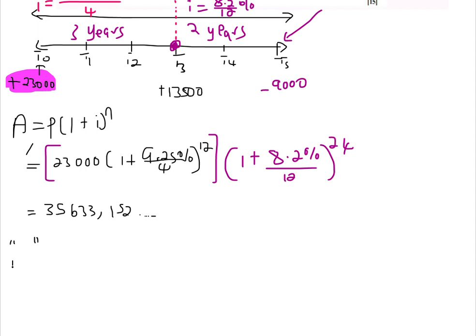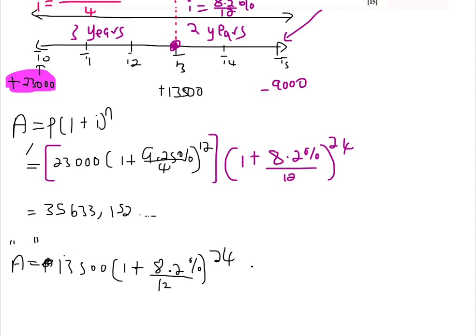Then the amount A will be P multiplied, which is 13,500. So P is 13,500 multiplied by 1 plus the interest rate of 8.2%, and that is charged monthly. So don't forget the percentage or else your answer becomes wrong. And I divide that by 12, raised to the power of 2 times 12, that is 24.